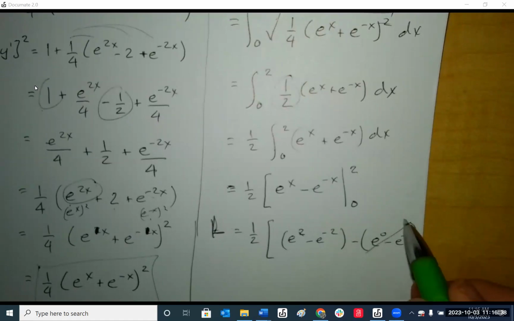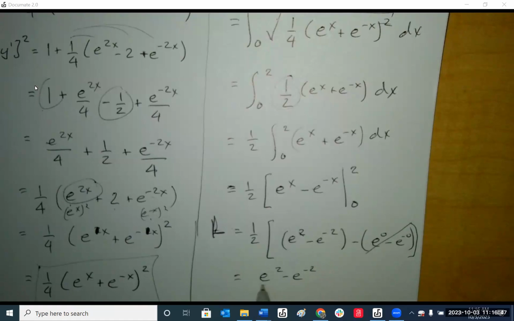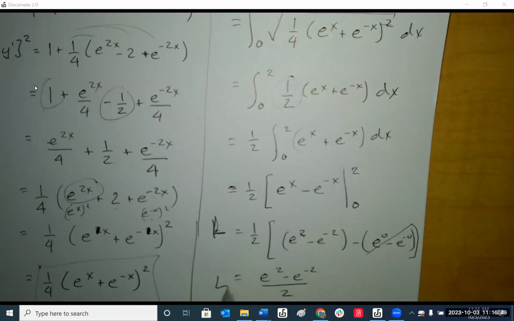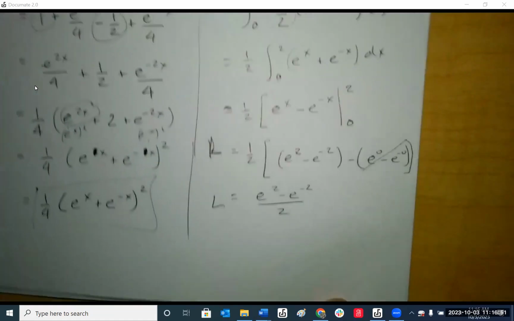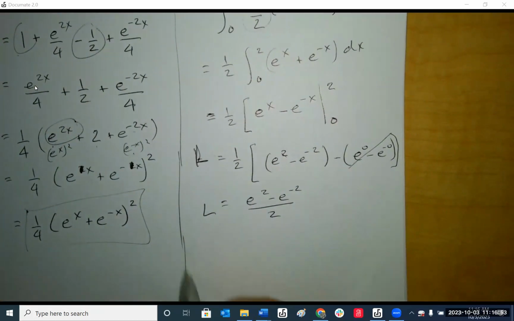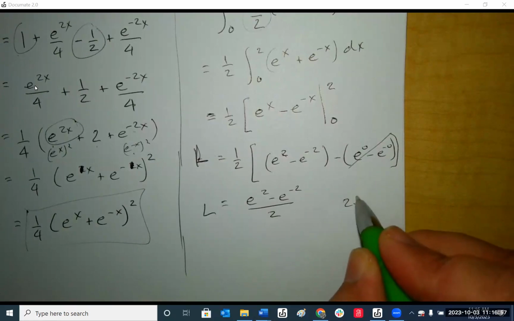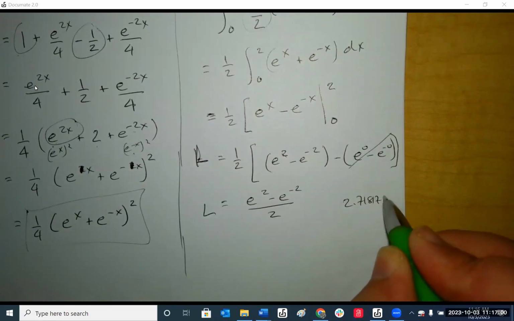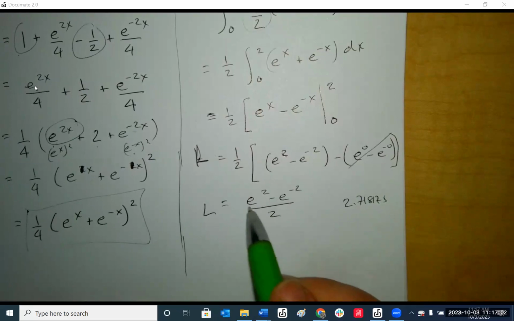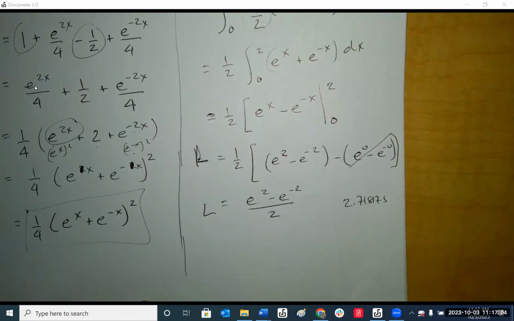1 minus 1 is 0. Remember, e is 2.71817, whatever. It's a constant, so plug in your calculator, you get a value.